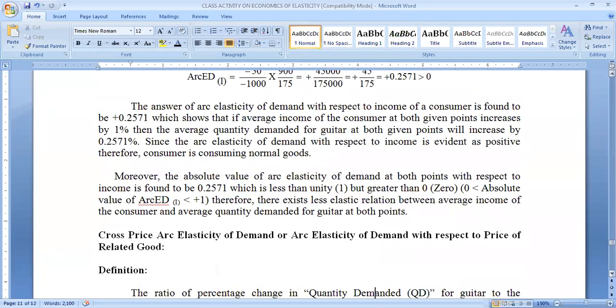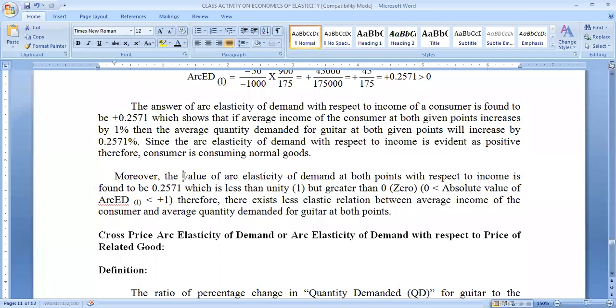there is one more point left in this interpretation, that is the absolute value. We don't need to write absolute since the answer is positive. So the value of arc elasticity of demand at both points with respect to income is found to be 0.2571, which is less than unity but greater than 0.